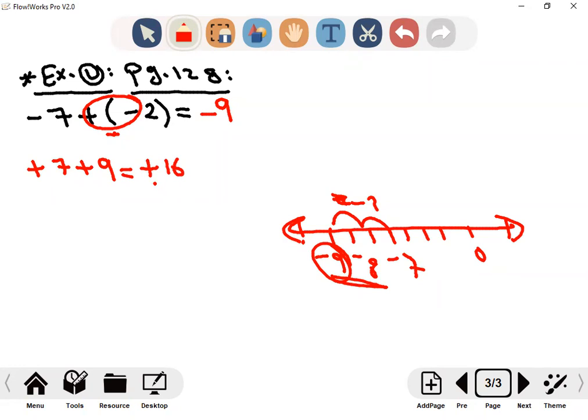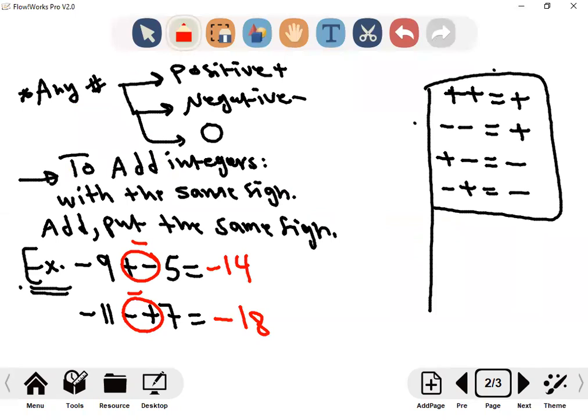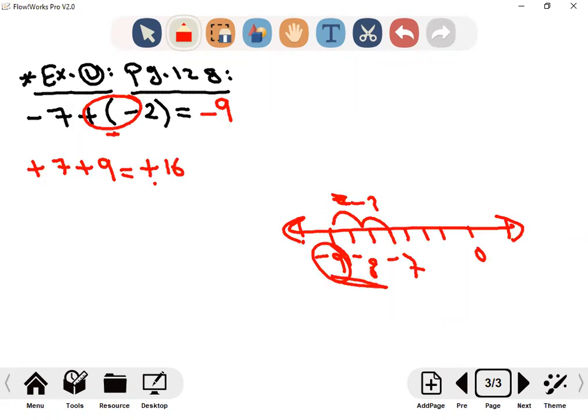But we get confused with the negative sign. That's why I told you to memorize this box. If you have 2 signs following each other, replace them with 1 sign to make it easy for you. Okay? Got it? Do you understand example 1? Are you sure? Good.